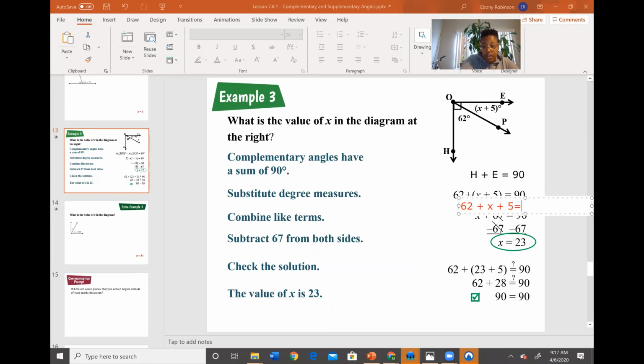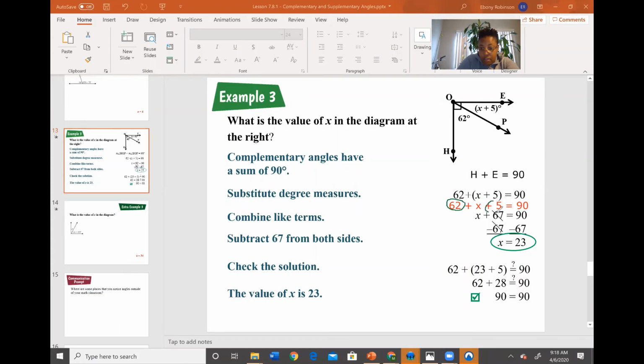Keep going. So since they were able to take that out of the parentheses, they were able to see I got 62.